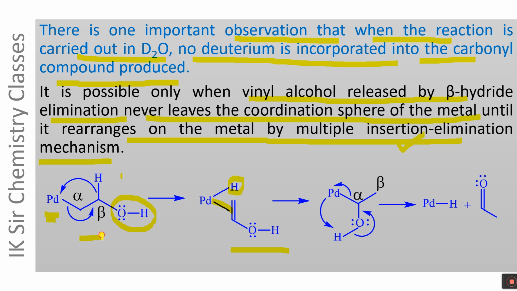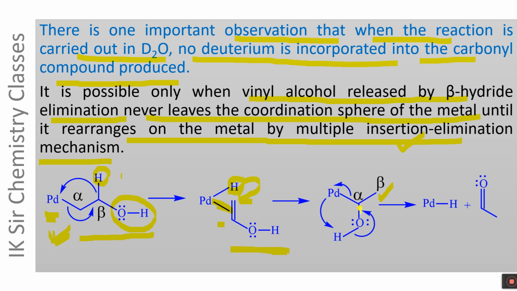This is the beta hydroxyethyl group attached to the palladium atom. It undergoes beta hydride elimination. Beta hydrogen is transferred to the palladium atom and the vinyl alcohol molecule is released, but it does not leave the coordination sphere. It is still attached to the palladium atom. Thereafter, this hydrogen atom is transferred to the CH2 group. As a result, the CH2 group transforms into a CH3 group and palladium gets attached to this carbon atom.